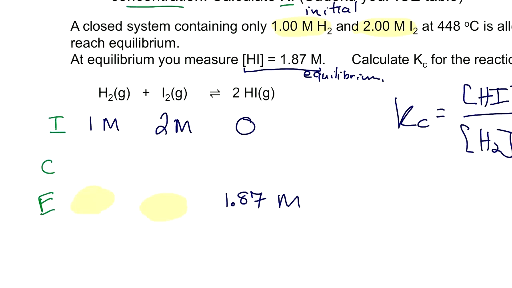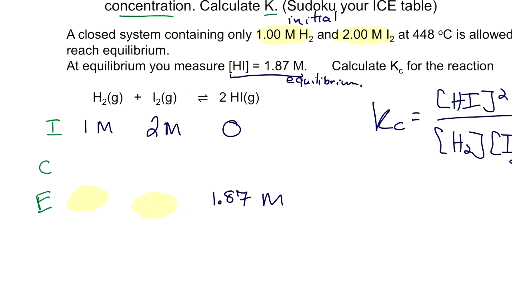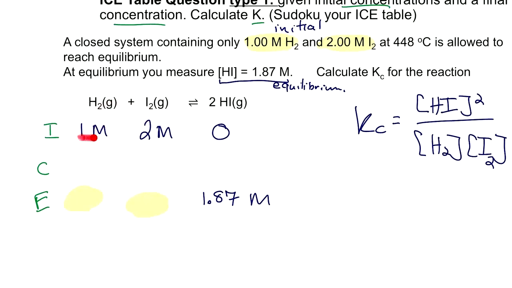If we think about those initial conditions, which way does this reaction have to go? Forward. So we can make our x's in the change line. For every x amount of hydrogen I lose, how much I2 do I lose? Minus x. But then how much HI do I gain?